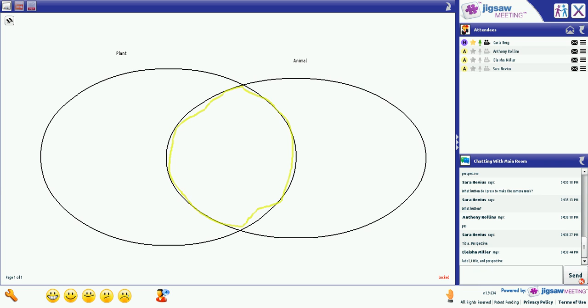So if it's a characteristic of a plant cell, you put it in this part of the circle. If it's a characteristic of an animal cell, you put it in this part of the circle. And if it's a characteristic of both cells, you put it in the middle yellow area. So go ahead and take a minute and fill out, by writing on the whiteboard, some characteristics of plant and animal cells.